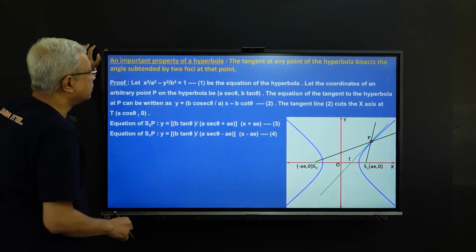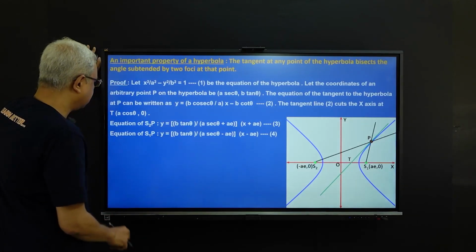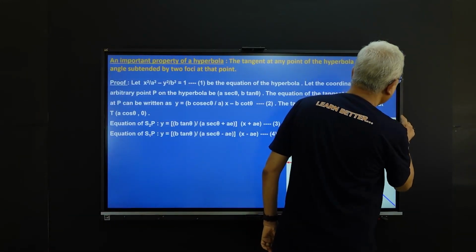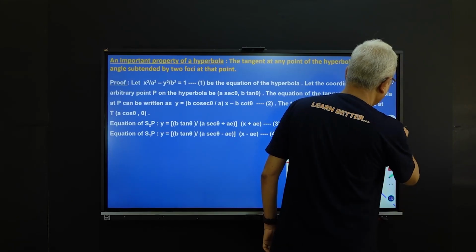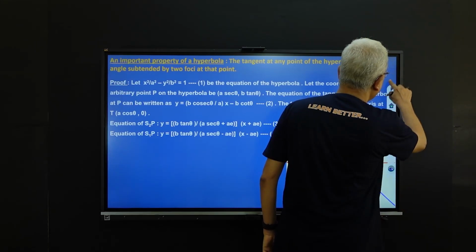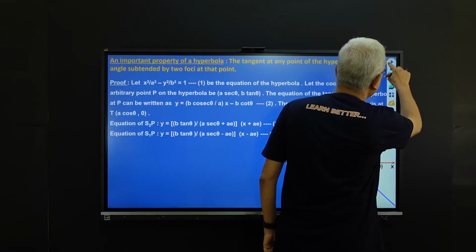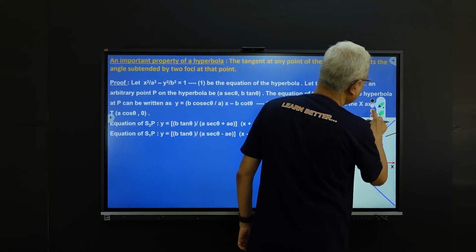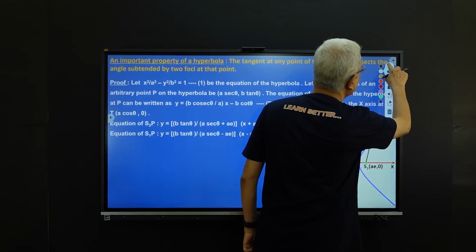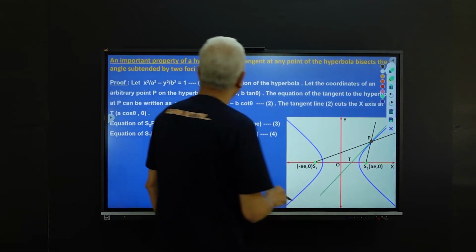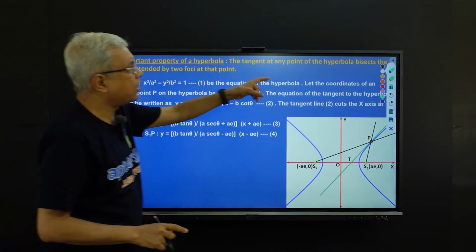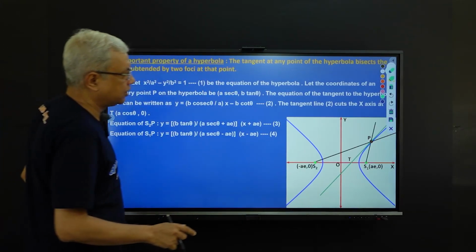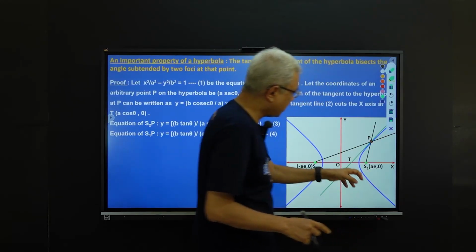So first we are going to consider a property. The tangent at any point of the hyperbola bisects the angle subtended by the two foci at that point. So this is a hyperbola.